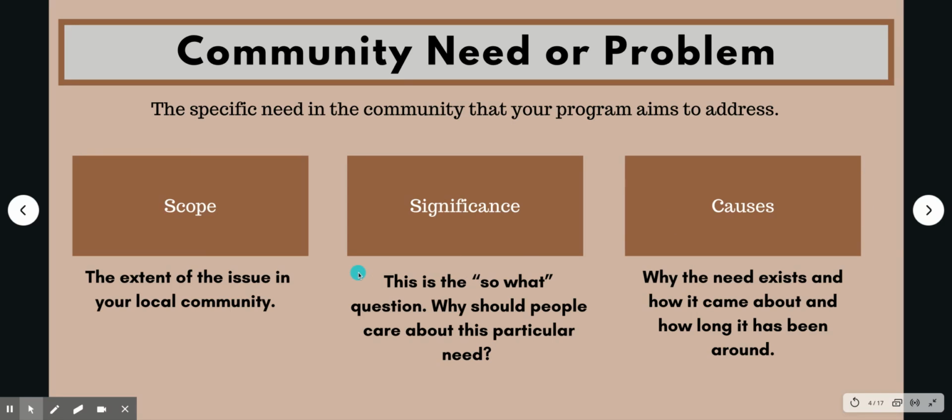So, the scope is the extent of the issue in your local community. The significance is the so what question. So, why should people care about this particular need or issue? And causes explain why the need exists and how it came about and how long it's been around.